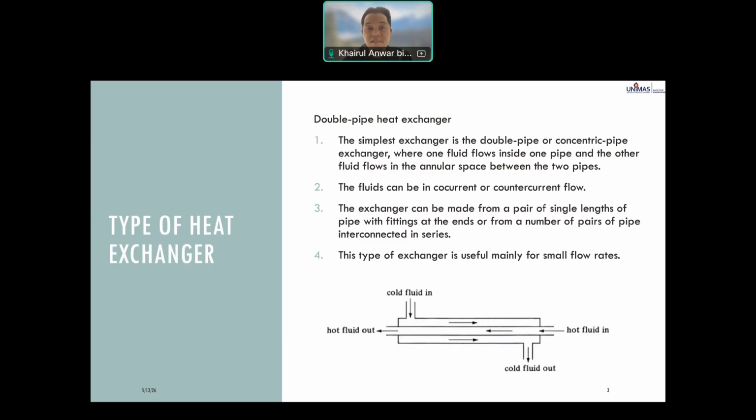Double pipe heat exchanger is the simplest, or concentric pipe exchanger, where one fluid flows inside one pipe and the other fluid flows in the annular space between the two pipes.